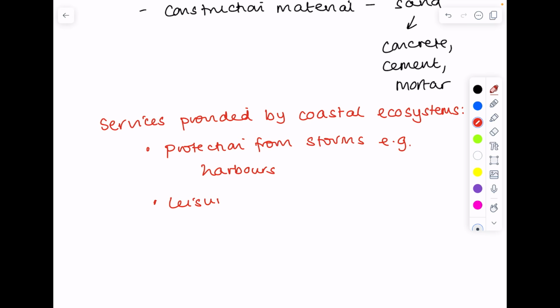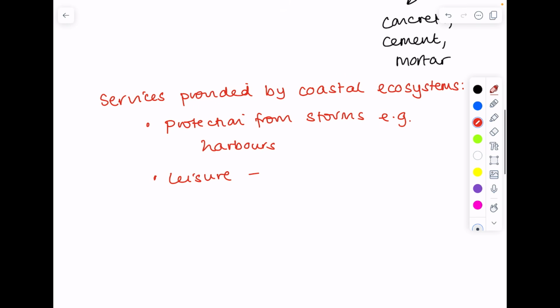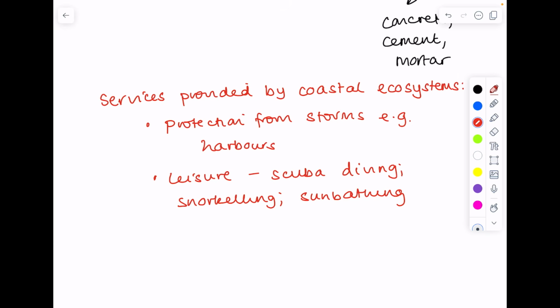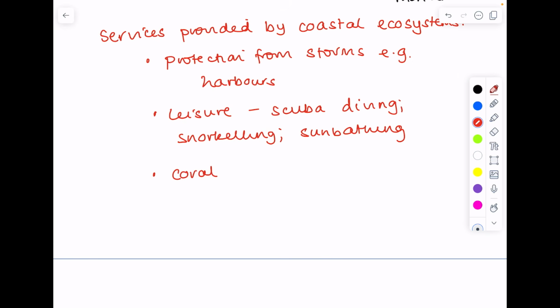Leisure pursuits, such as scuba diving, snorkeling, sunbathing on beaches. Remember, most coastal ecosystems, but particularly coral reefs and salt marshes, are a great source of biodiversity and provide great habitats for wildlife.